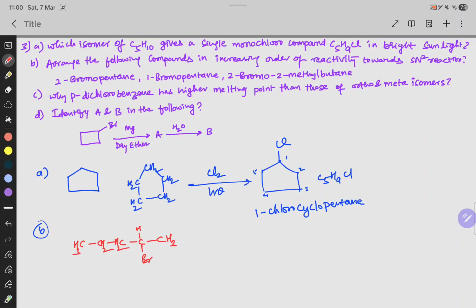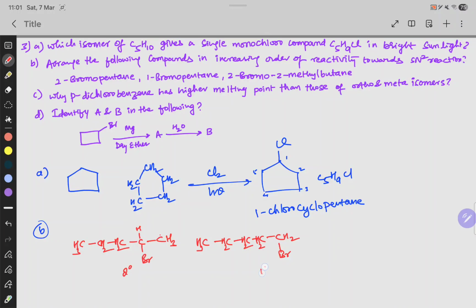and here 3. So this is a 2 degree, because this carbon is attached to 2 carbons, one is this one and the other is this one, so 2 degree carbon. And 1-bromopentane, again 5 carbons, 1 2 3 4 5. At the first carbon bromine, so 1 2 finished, remaining 2, CH2, CH2, CH2 and CH3.